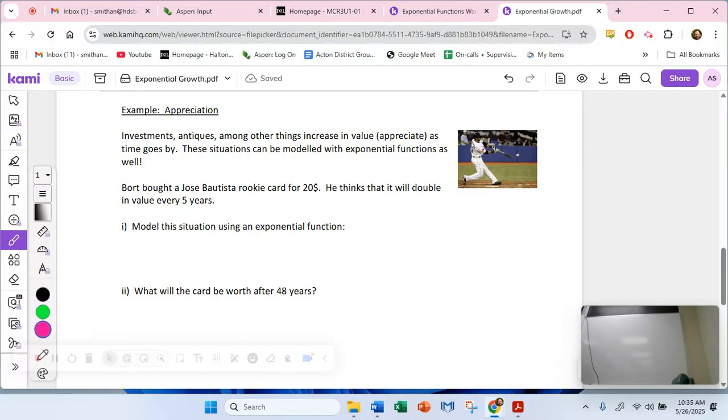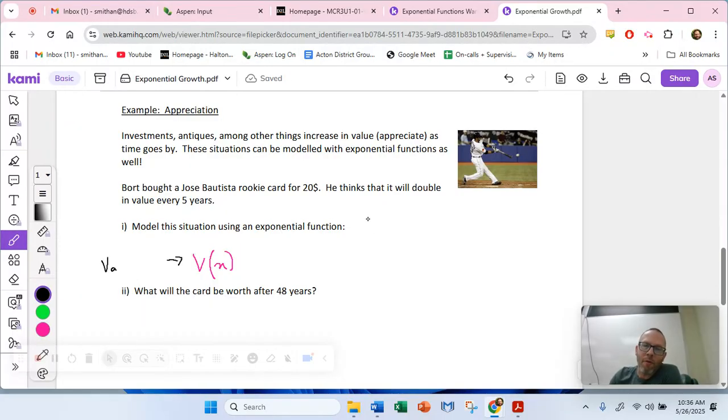Just based on the last example, you should be able to create a model for this scenario. Let's choose some things that make sense. I'm going to use V for value just for kicks. And then I'm going to change things up. I'm going to use N for the number of years. I'm not your dad.